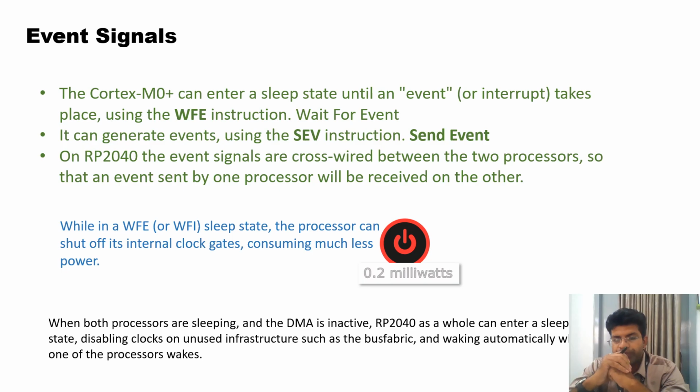See, when you take a microcontroller, it has its own power requirement, right? If you take a simple, very common Arduino, it runs at 16 megahertz, and it requires, for example, let's say 50 milliamperes of current.